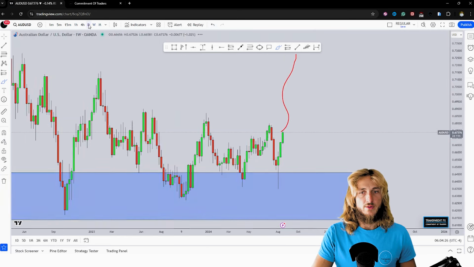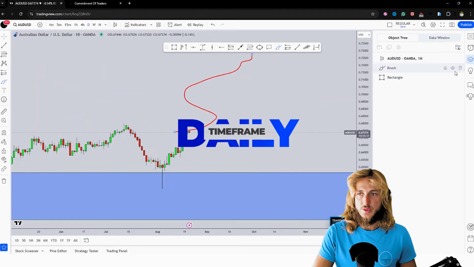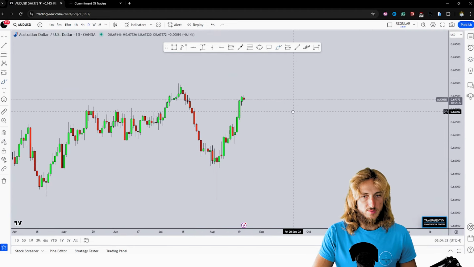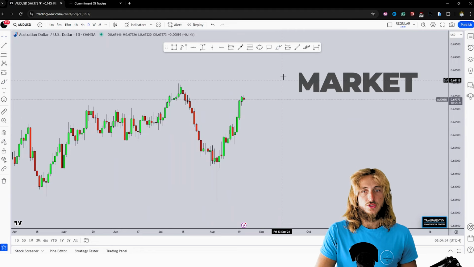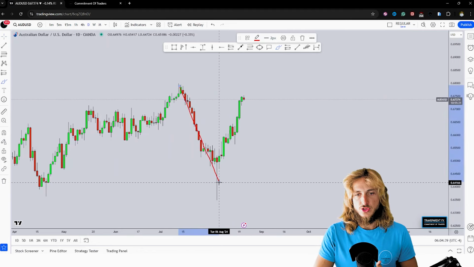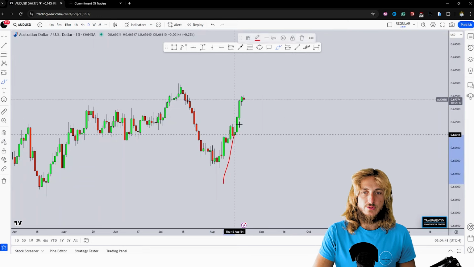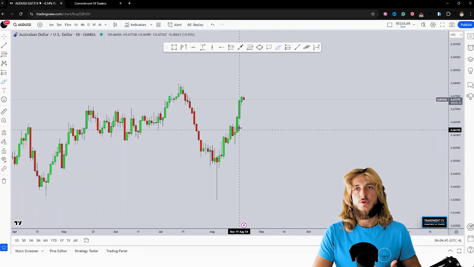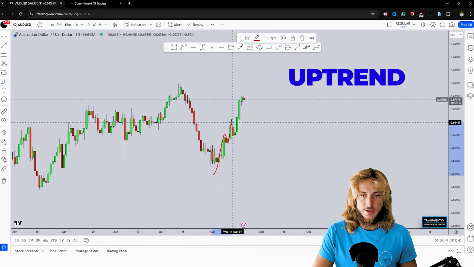Now, if we drop down on the daily time frame, what do we see? Now, here on the daily, this is where things start getting quite interesting because we can notice how we just had a shift now from a daily bearish market, so with the creation of lower lows and lower highs, to now the creation of a bullish trend and bullish market structure, so the creation of higher highs and higher lows.